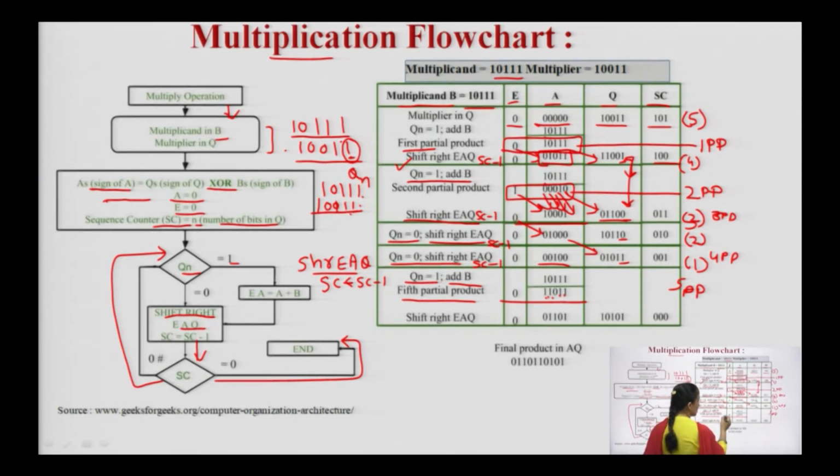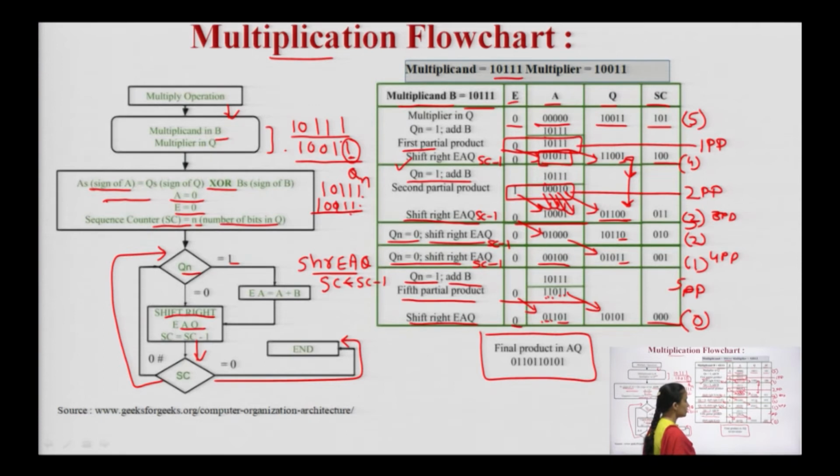Then after getting this partial product I will perform the shift right EAQ and I get the answer 0 in E, 01101 and 10101, and my sequence counter reaches 0. So, my final product in this case is in AQ because E is 0, that is 0110110101.